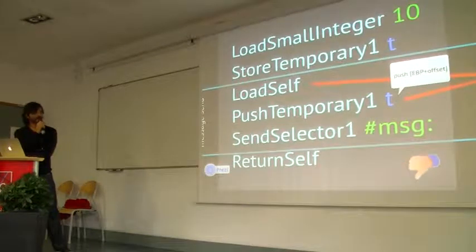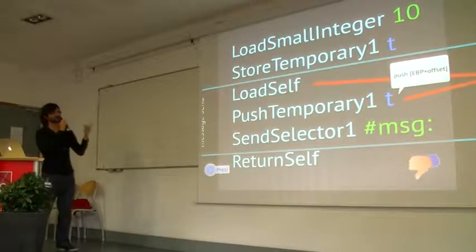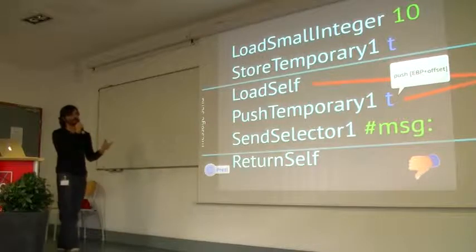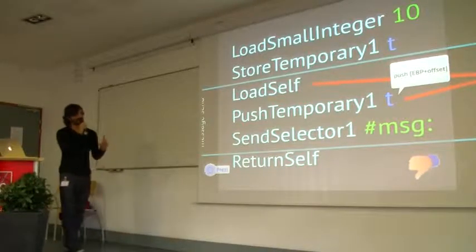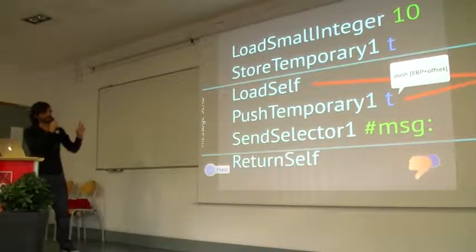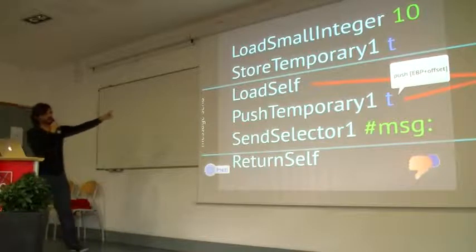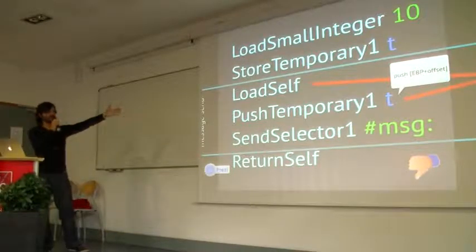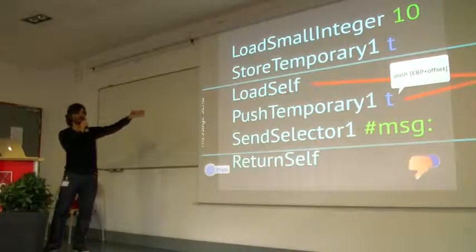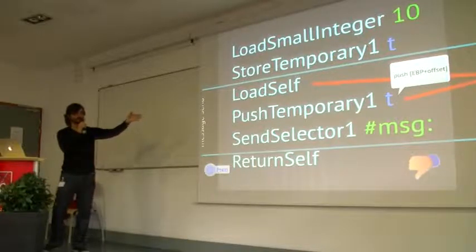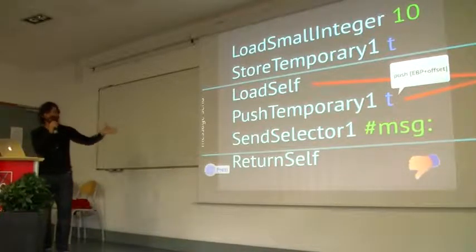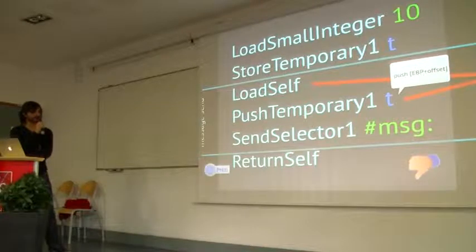So again, we have bytecodes corresponding to that method. And in this case, the first two correspond again to the assignment, and the following correspond to the message send. In this case, we have one bytecode, which is load self, which loads the receiver. Then we have the push of the argument, and finally the actual send.